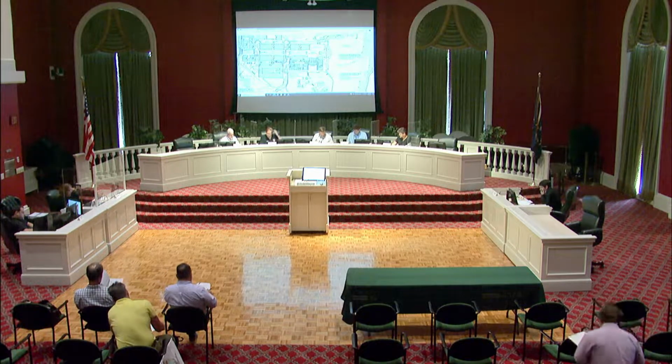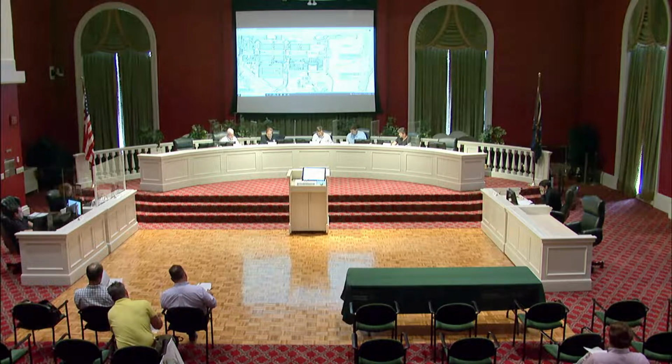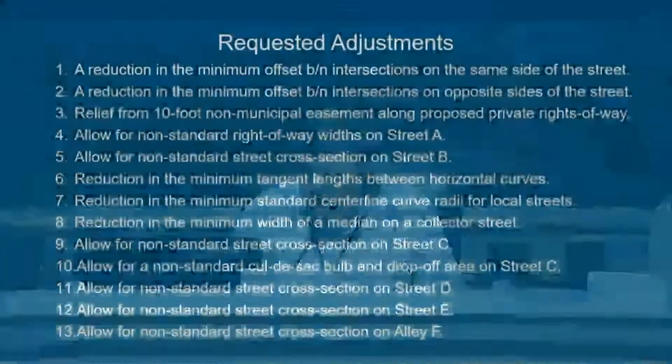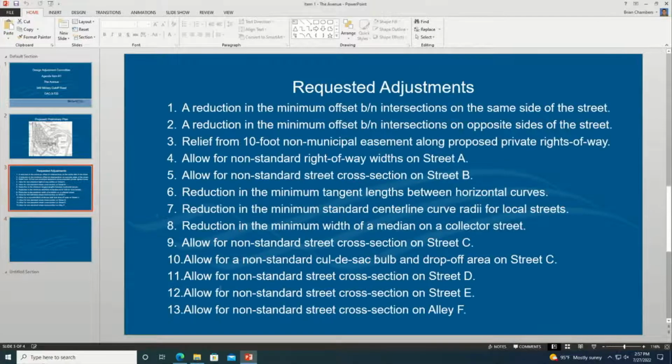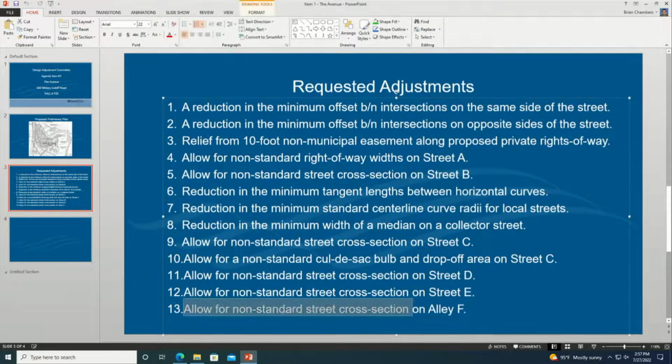We have a few of them that are non-standard variable width right-of-way. Brian, do you have that slide that has a summary of waivers that you can get to? Thank you. So we've got non-standard cross-sections for B and E. Yeah, you can just leave it like that, it's fine.